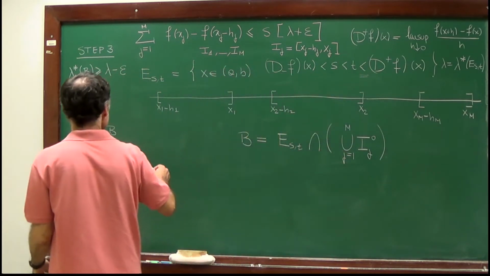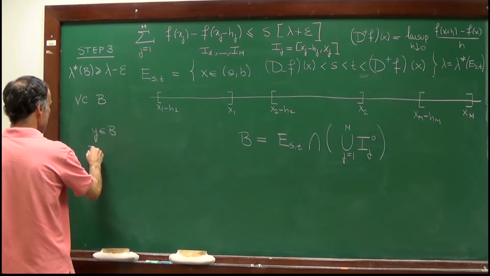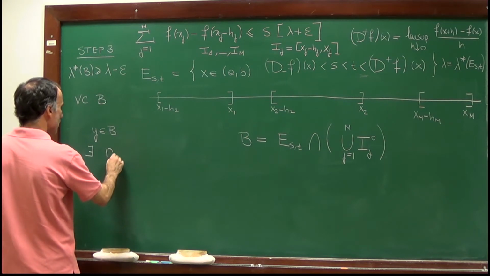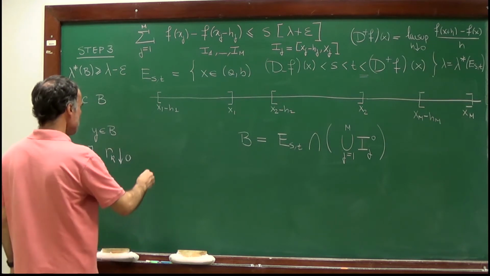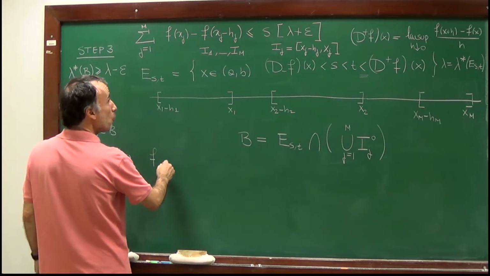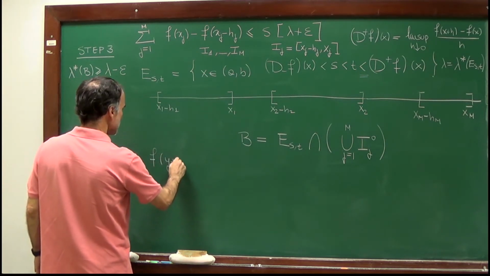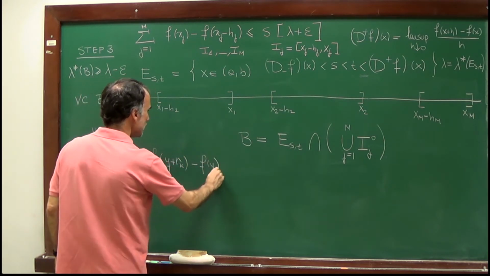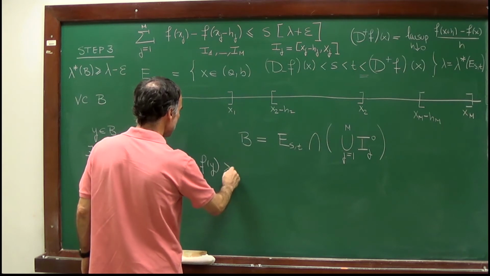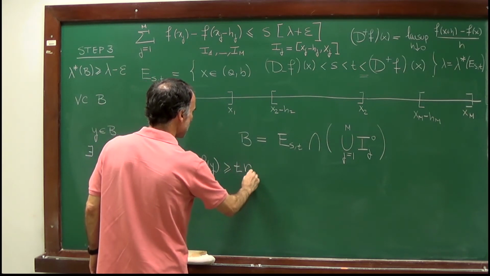That means there exists a sequence, which I will represent by r_k, converging to 0 for which f(y plus r_k) minus f(y) is larger or equal than t times r_k.